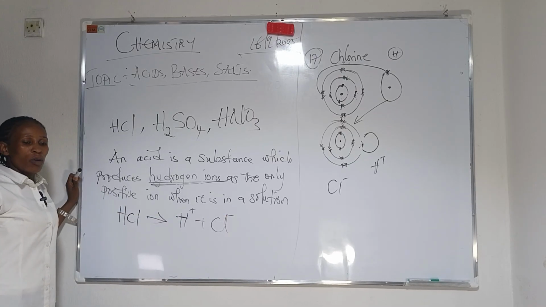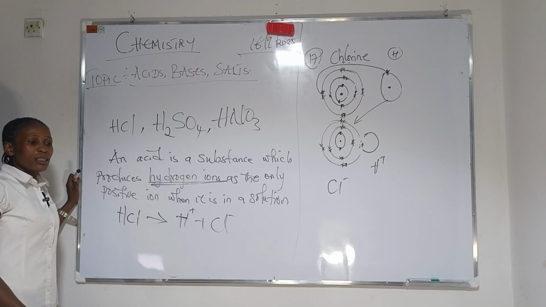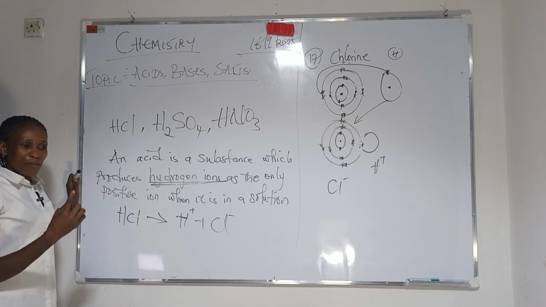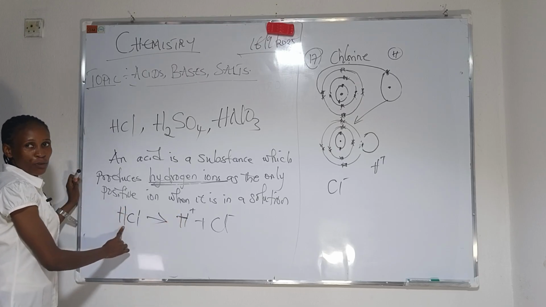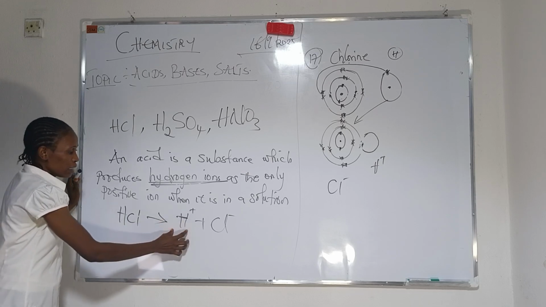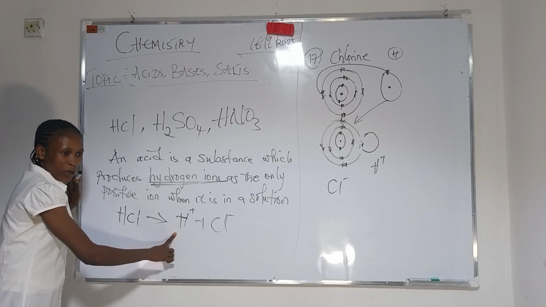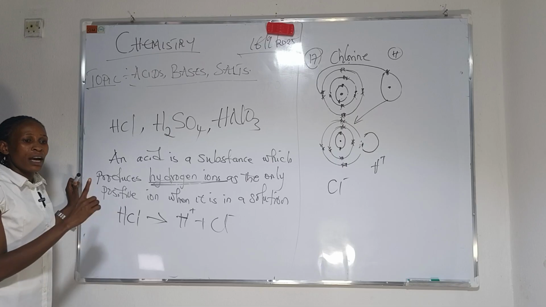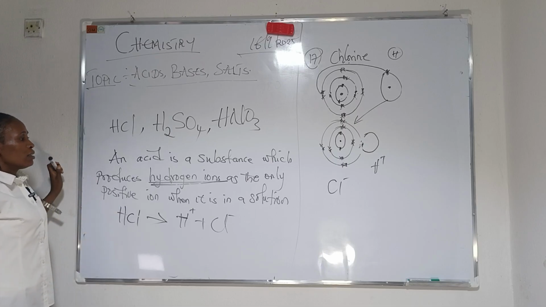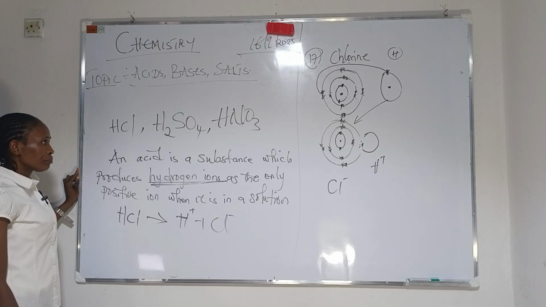I believe by now, when you are asked what an ion is, you should be able to tell that it is an atom that has a charge. This is it. I have shown you how it was first combined and the splitting. If splitting takes place, it turns to an ion. This is hydrogen ion and this is chlorine ion.